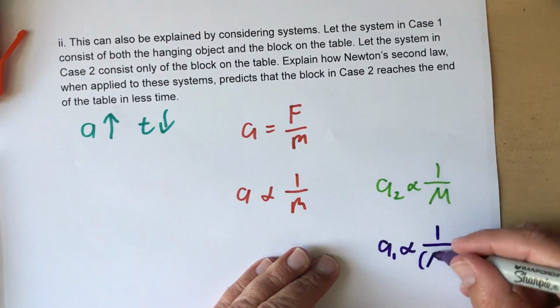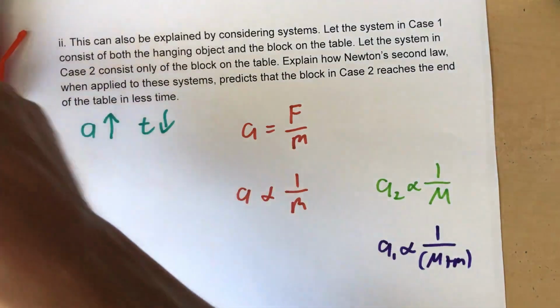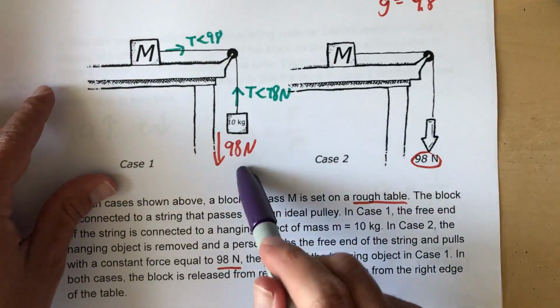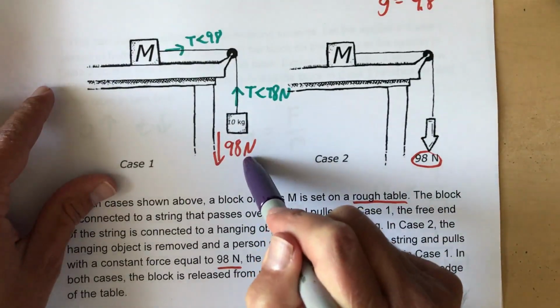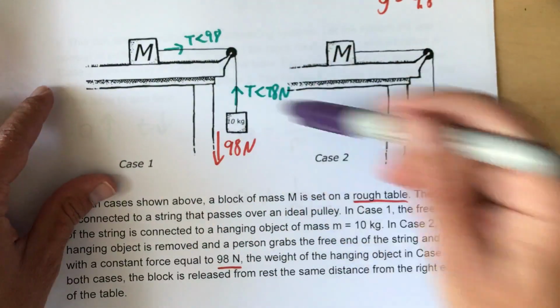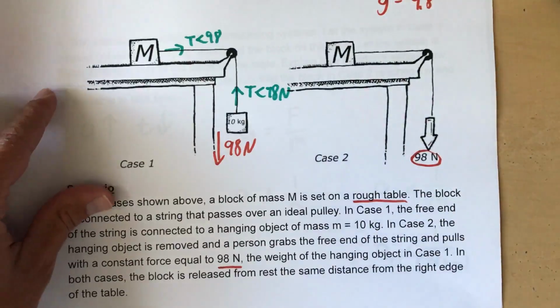So the mass is big M plus little m. More mass means less acceleration for the same force. So even though this one's being pulled with 98 newtons and this system is being pulled with 98 newtons, that one's got to move this m plus the 10 kilograms, whereas this 98 newtons is only moving that mass right there.